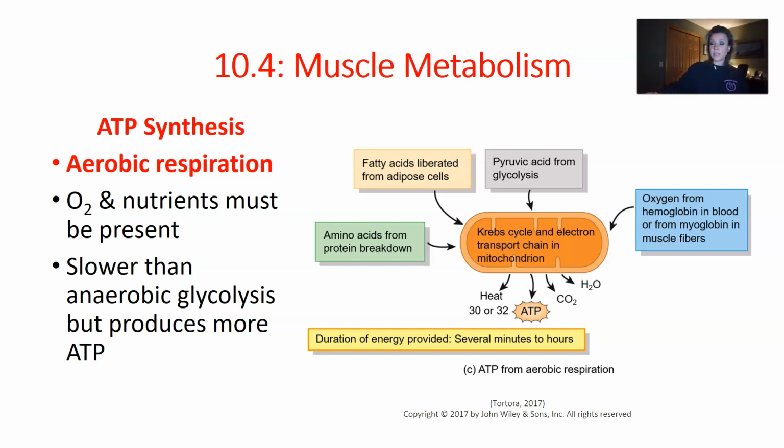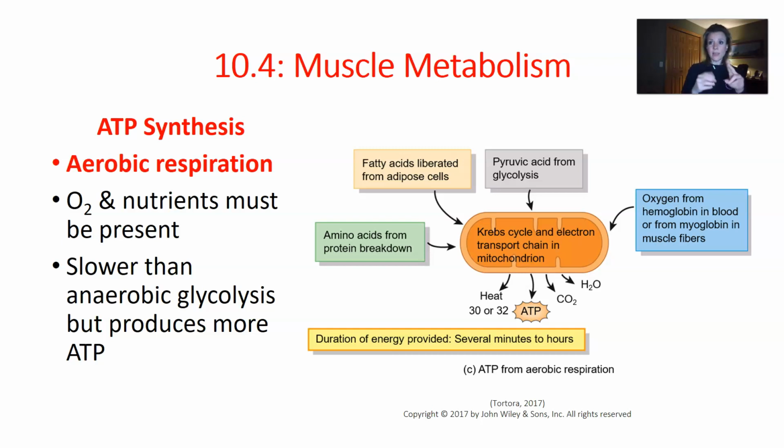I also just wanted to make one last mention here that our oxygen is coming from, we're breathing it in, we're inhaling it, but most of our oxygen is going to be bound to a protein in our blood called hemoglobin. And our muscle fibers have a special oxygen binding molecule in their sarcoplasm called myoglobin.